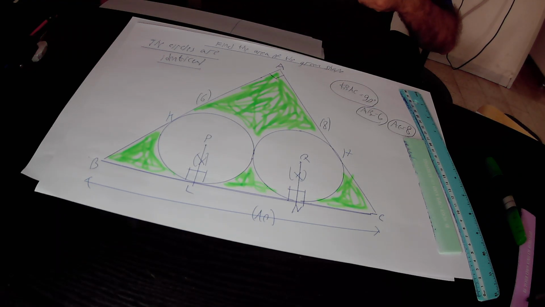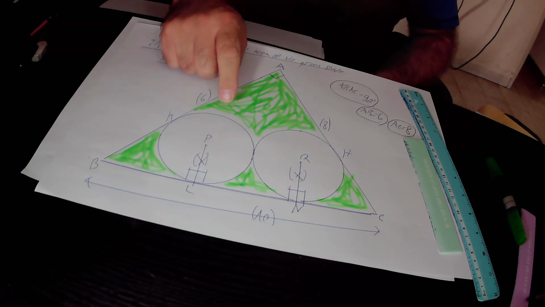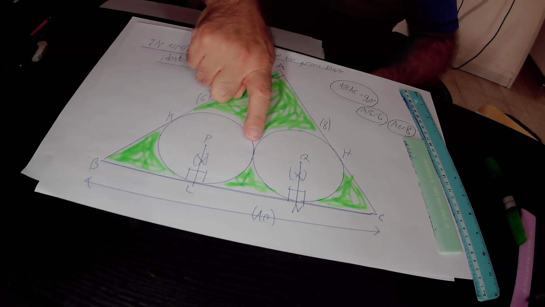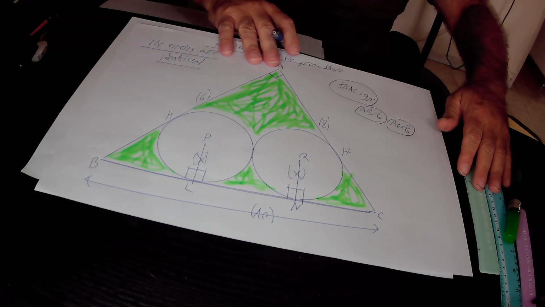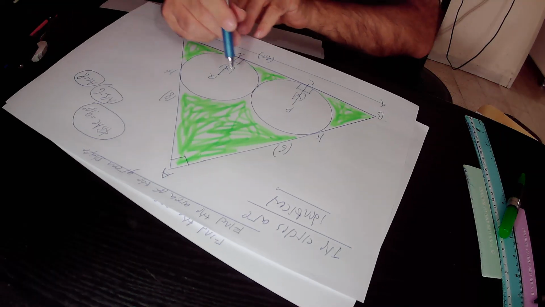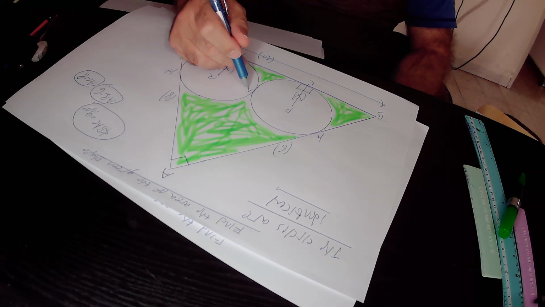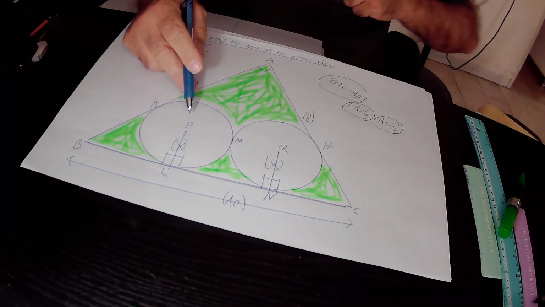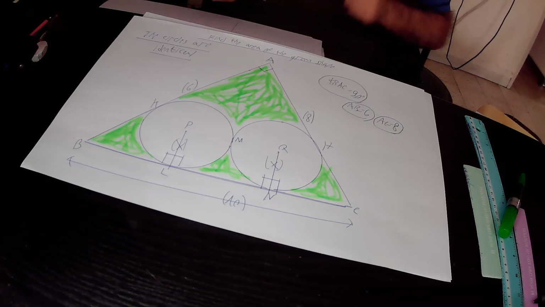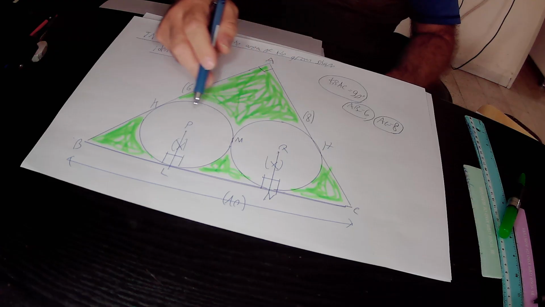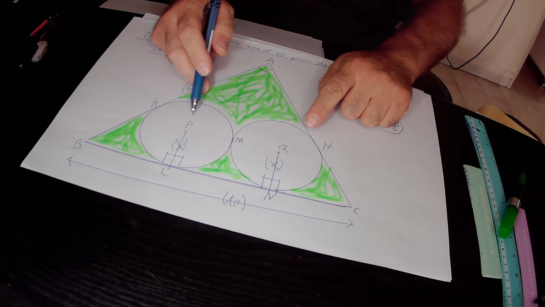In our drawing, we define the touching point of those two circles. This point is point M. The center of this circle is at point P. The center of this circle is at point Q. The straight line that connects the centers of those two circles together is of course the straight line PQ.